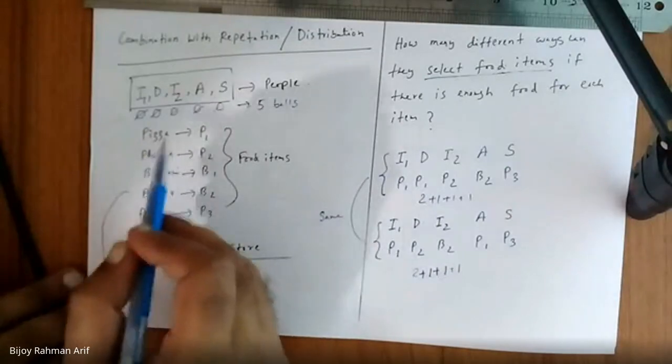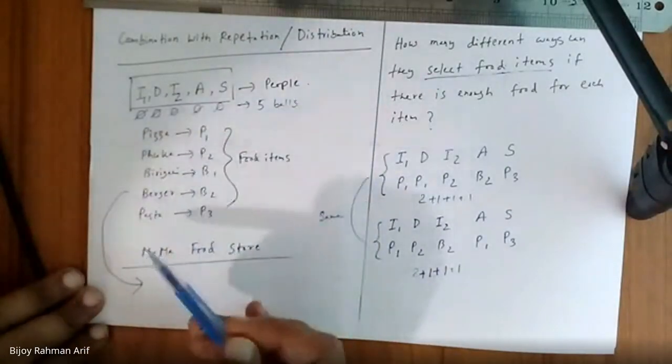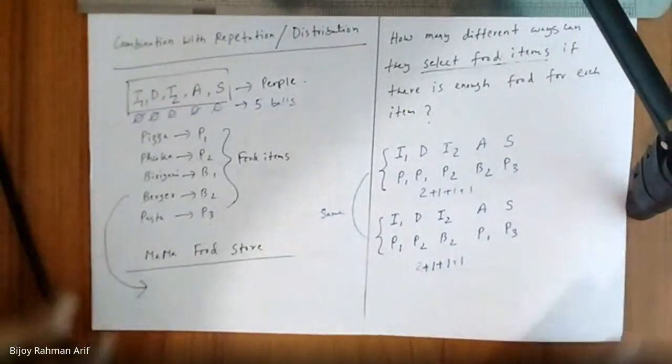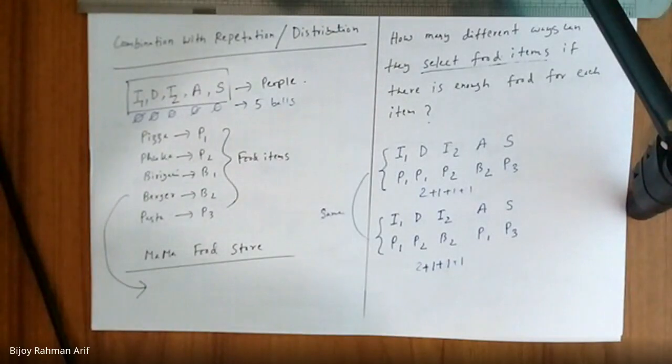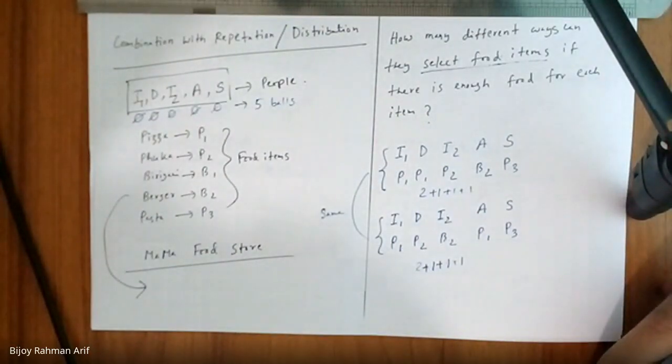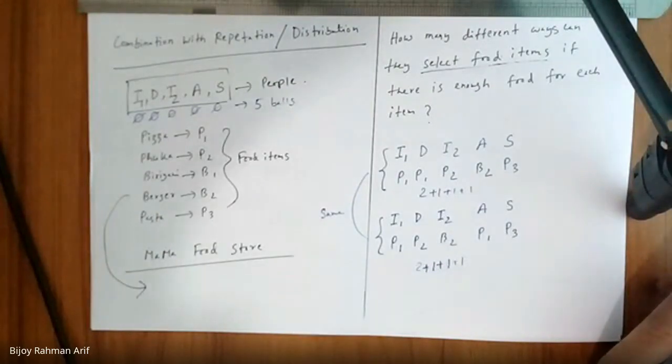Now, food items. For representing 5 food items, how many sticks do I require, minimum? 5. Using 5 sticks it is possible, we know that. But is there any minimum value?